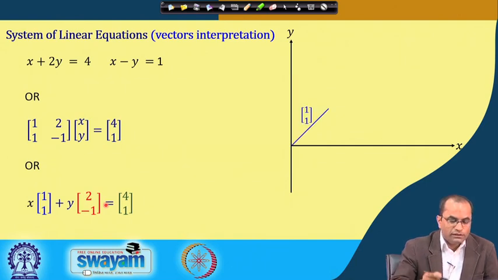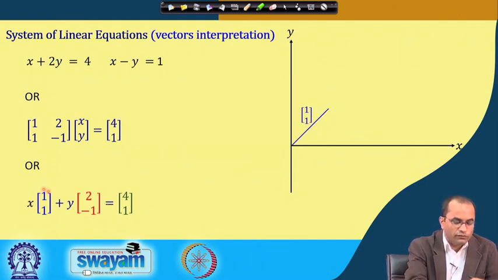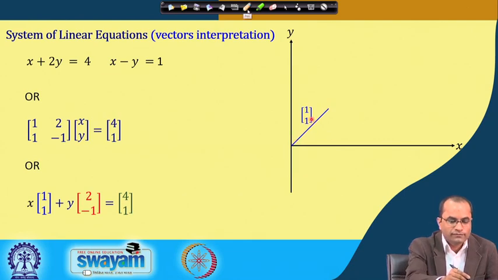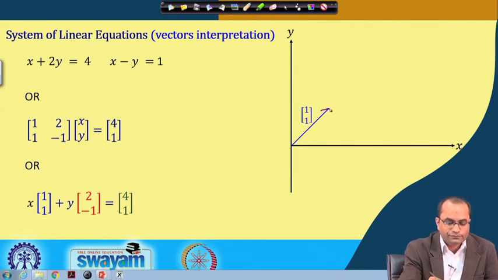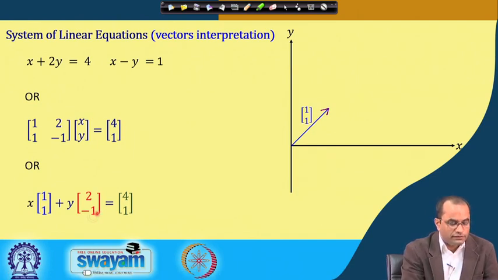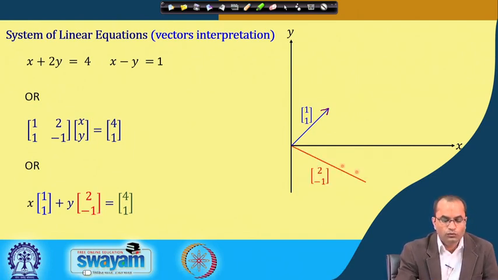So, here we will plot this vector 1 and 1. So, in the direction of x we have 1 here, and in the direction of y we have again 1. So, this is one vector which is given by this 1 1, and now we have another vector here, this 2 minus 1. So, on the x axis 2 and then minus 1.